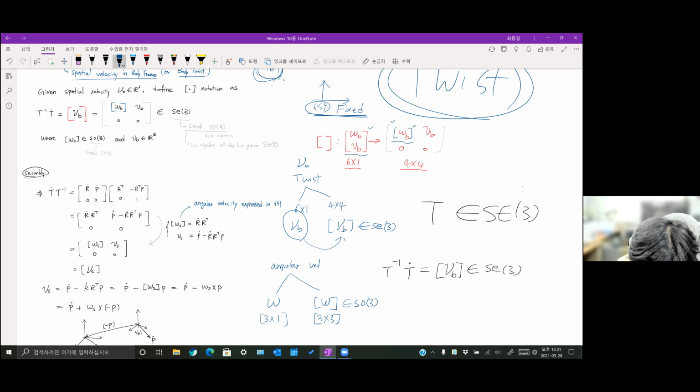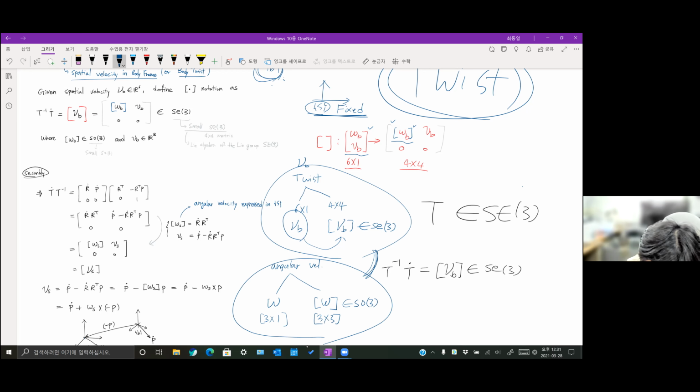So this concept and that concept are very similar. The 3x1 angular velocity vector can be converted to 3x3 format, and the twist is also a 6x1 vector, but it can be converted to the 4x4 format. It means se3. You should be familiar with this kind of concept.